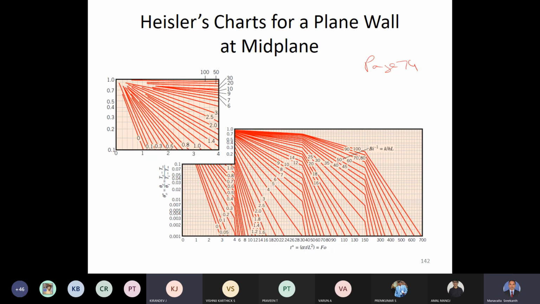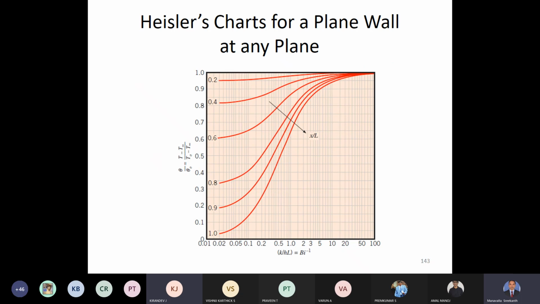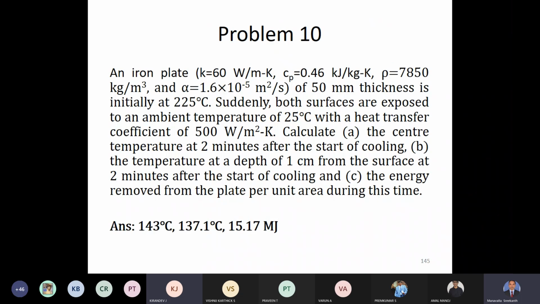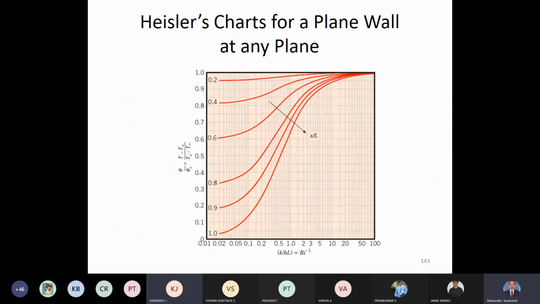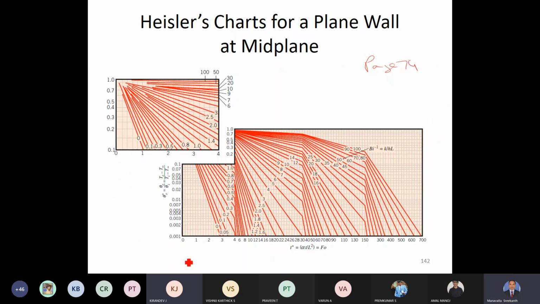First, the question to be answered is the center temperature. Center temperature means the mid plane temperature at 2 minutes after the start. For that, you have to use this chart, and for using this chart I have to find the Fourier number and the Biot number, in this case the inverse Biot number. We already have the Biot number, so we have to invert it and then use it.